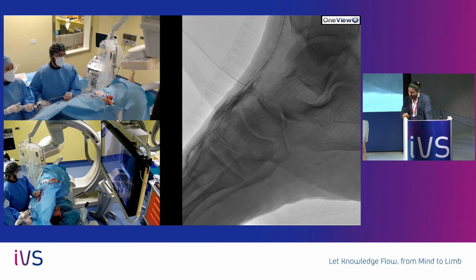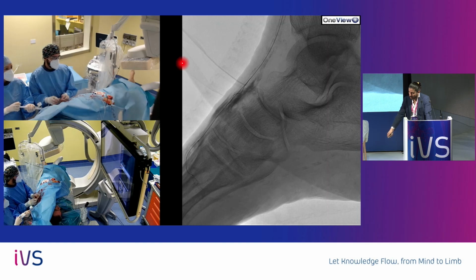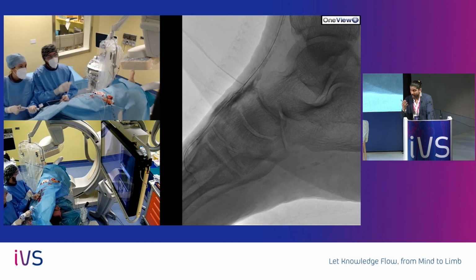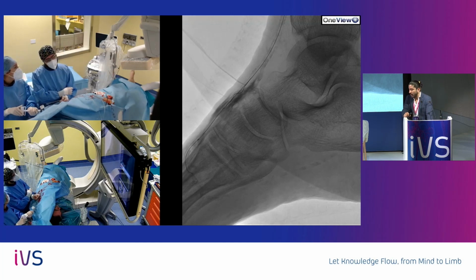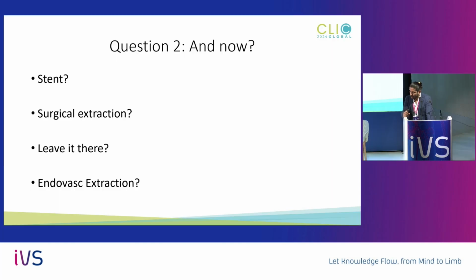At that point, all the balloons crossed. This is a 1.5, 2 centimeters, very short balloon that allowed me to pre-dilate the distal dorsalis pedis and the arch. And after this, there was a way. Finally, I was able to have the vessel pre-dilated. So now, a good chance to open the vessel.